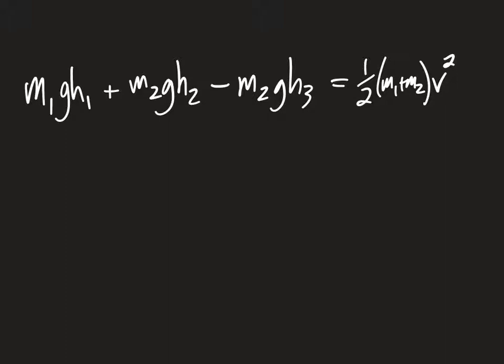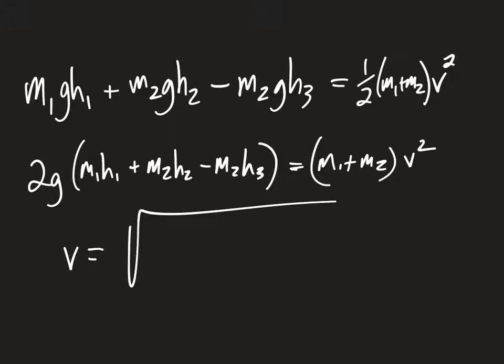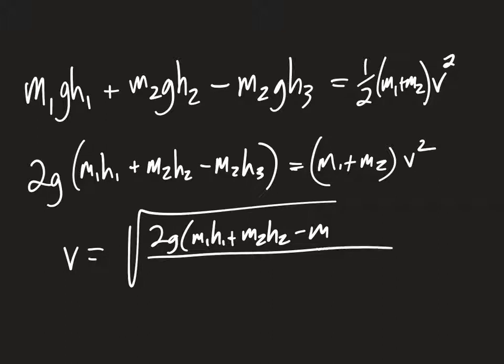Instead of that, a G comes out, multiply by 2 both sides, M1 H1, and then in the final analysis you get 2G. Plug all those numbers in, you get about 2.8 meters per second.